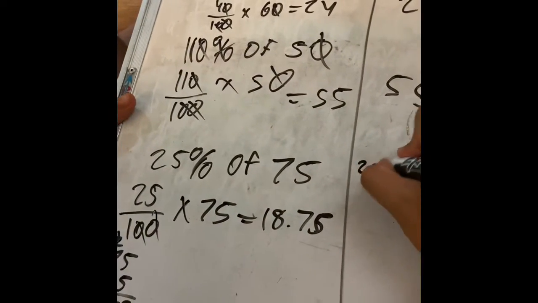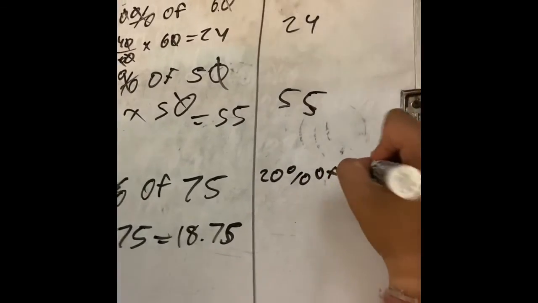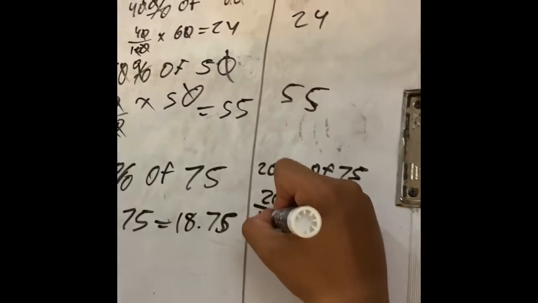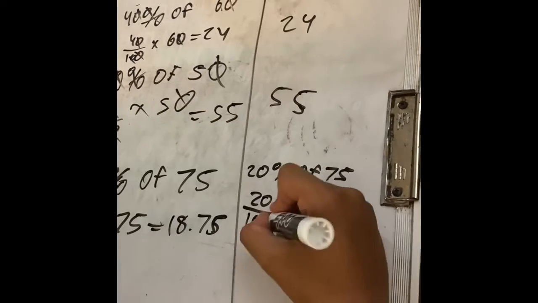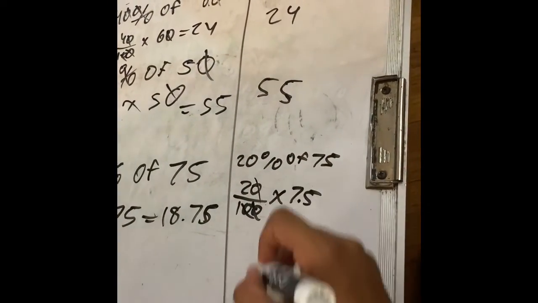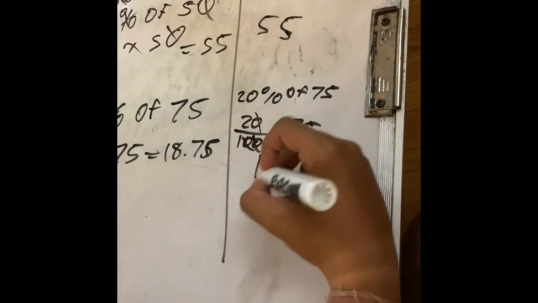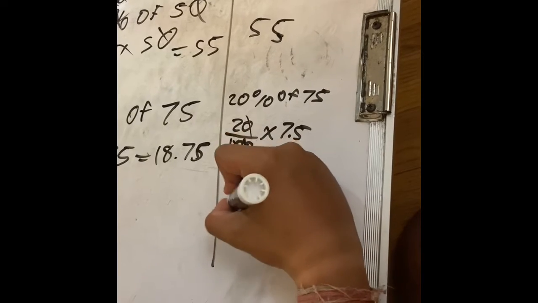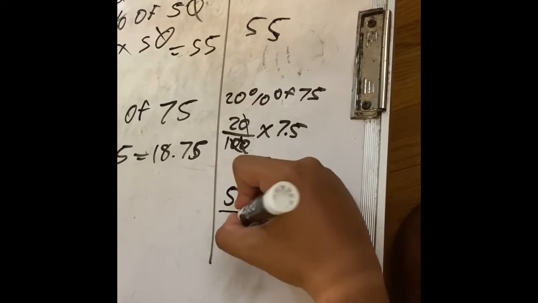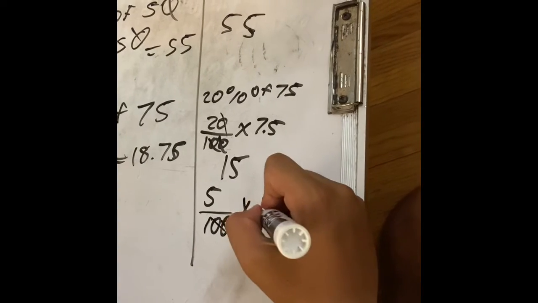But now you may be asking, well, what is the simplified version of this? So the simplified version is first finding 20% of 75, which is, these zeros cancel out, we put 1 there, 15, and now we add this with 5% of 75. So now what is 5% of 75? Well, these zeros cancel out.